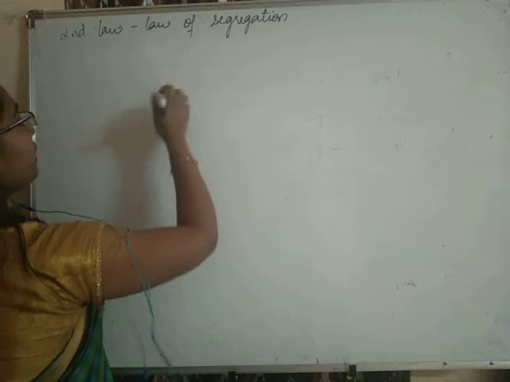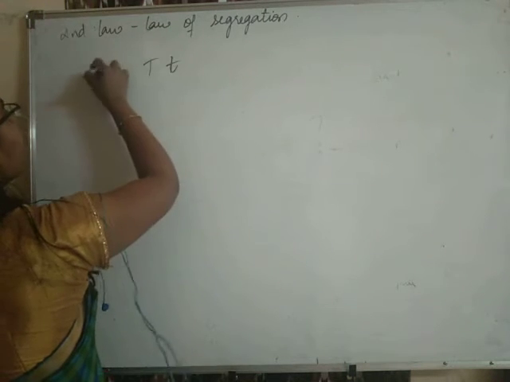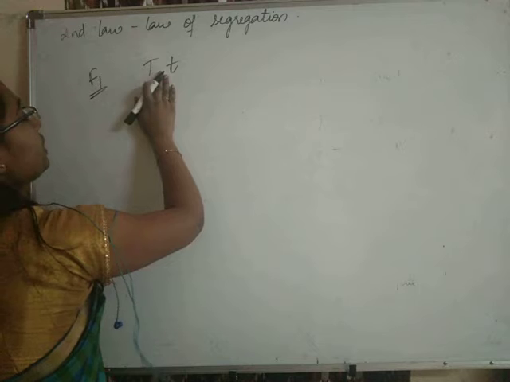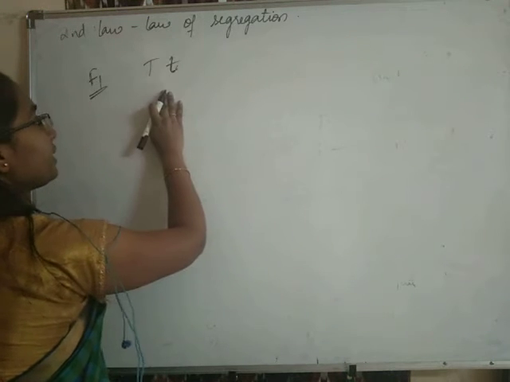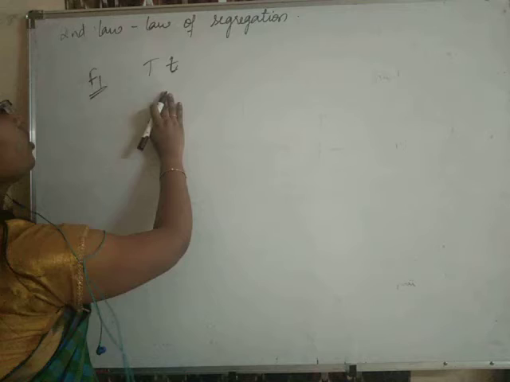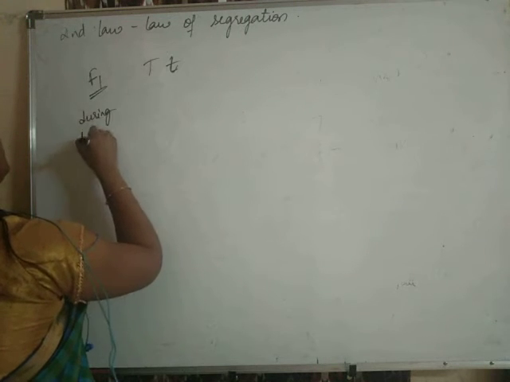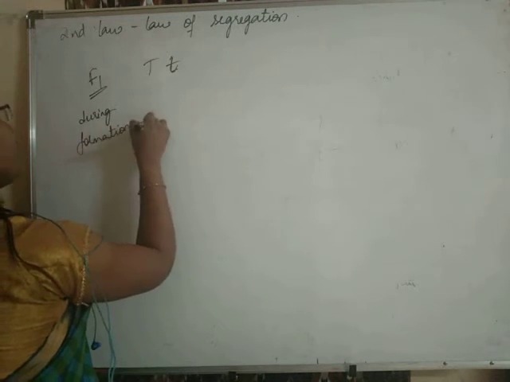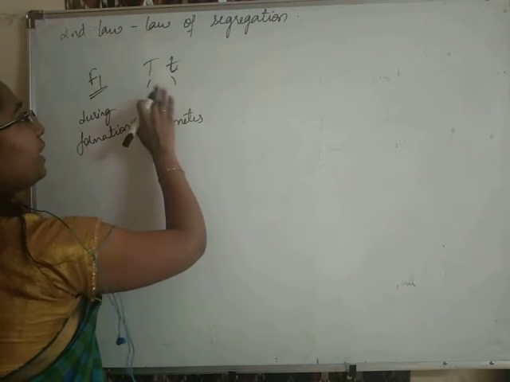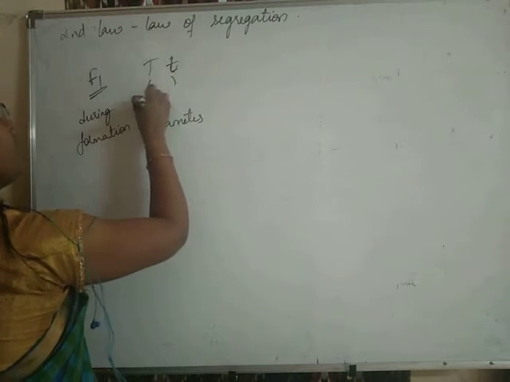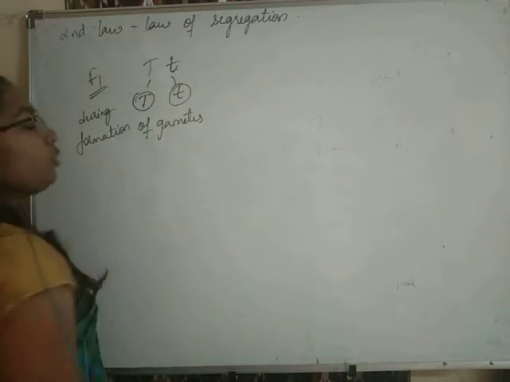See students, here the F1 individual is capital T, small t. Though it consists of two different alleles for the tall character, during the formation of gametes these two alleles, these two factors, get separated. Capital T will go into one gamete, small t will go into another gamete.